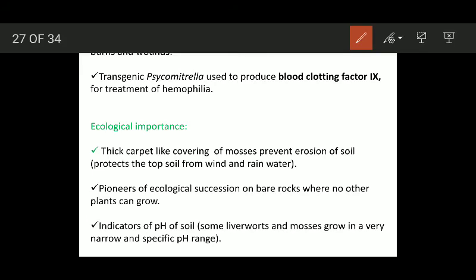The transgenic bryophyte named Physcomitrella is used to produce blood clotting factor IX, and this blood clotting factor is used for treatment of hemophilia.